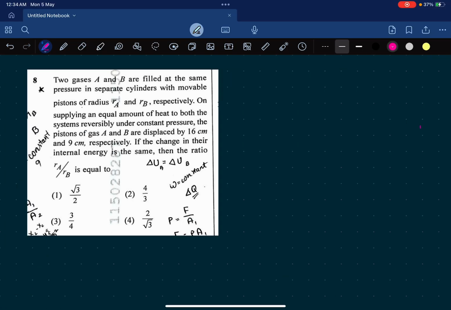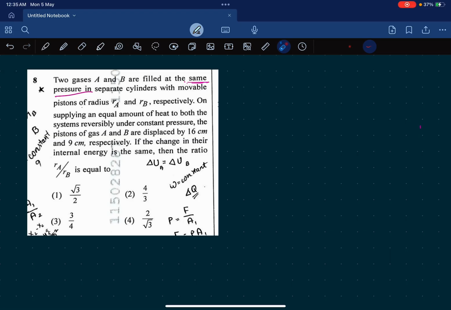Let's look at this question. We have two gases A and B, which are filled at the same pressure in two separate cylinders with movable pistons of radius Ra and Rb, and then they are given some amount of heat, an equal amount of heat indeed, and they are under constant pressure, and both the pistons are displaced by 16 centimeters and 9 centimeters respectively, right?